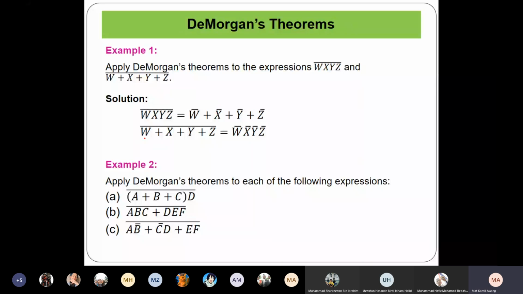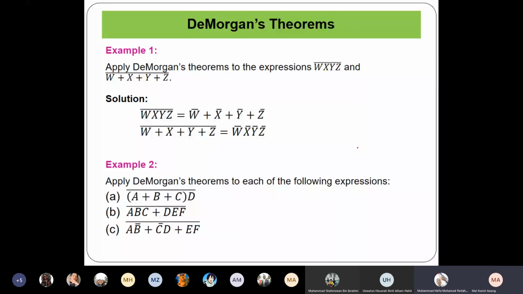The second one says that the complement of the sum is equal to the product of the complemented variables. So it becomes W bar and X bar and Y bar and Z bar. Clear? That was example number 1.